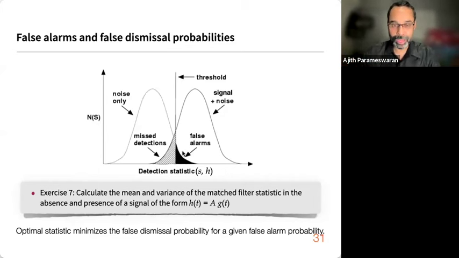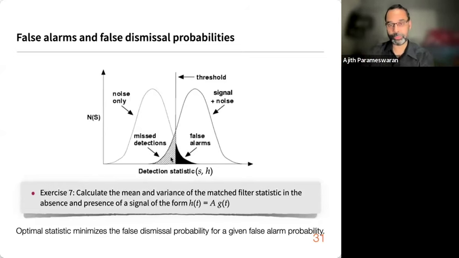The false alarm probability is shown by this dark region, which is the integral of the distribution of the noise-only events above this threshold value. And the false dismissal probability is shown by the hatched region, the integral of the distribution of the signal plus noise statistic from minus infinity, or 0, to this statistic value.